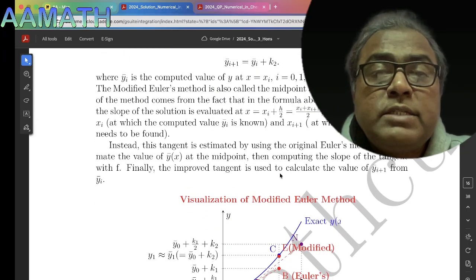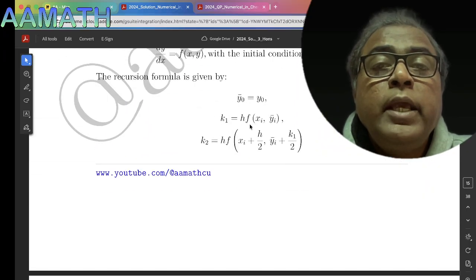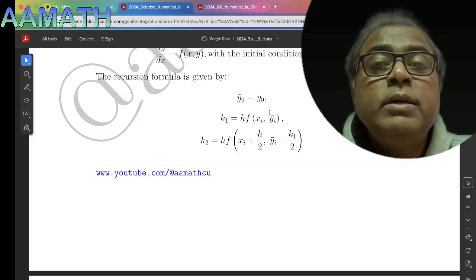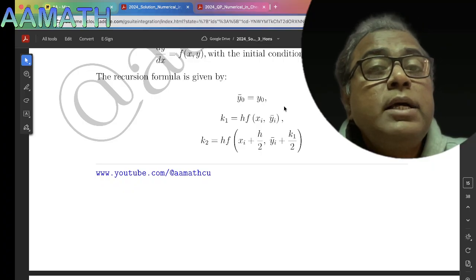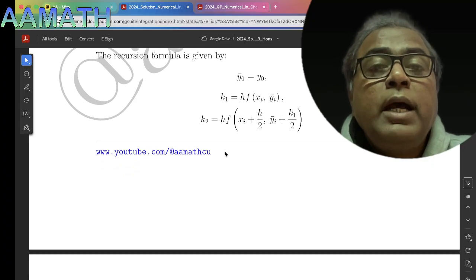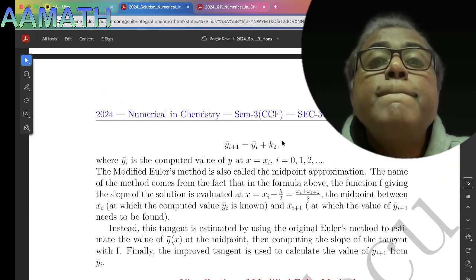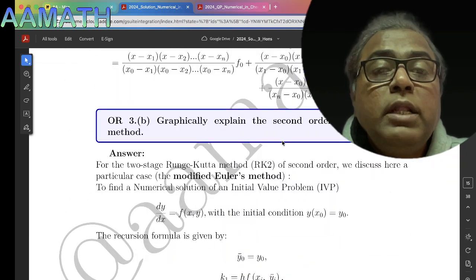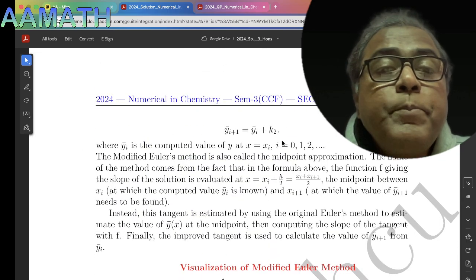So this is the formula: k1 equals h f(xi, yi bar). Actually yi bar is the computed value of y, and yi is the exact value of y, and k2 equals this. Actually this is the modified Euler method, also known as the midpoint method.